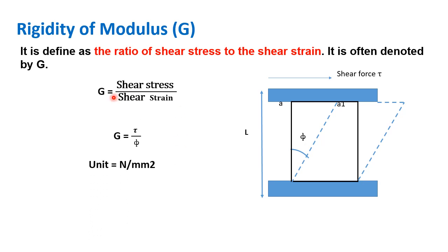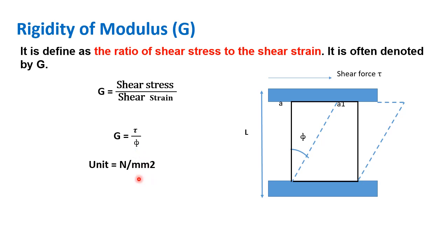Here we can see that the modulus of rigidity is the ratio of shear stress to the shear strain, and mathematically it can be written as capital G is equal to tau by phi. The shear stress is denoted by the term tau, and the shear strain by the term phi.